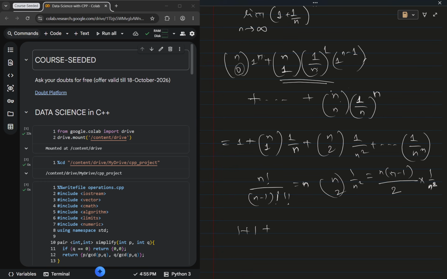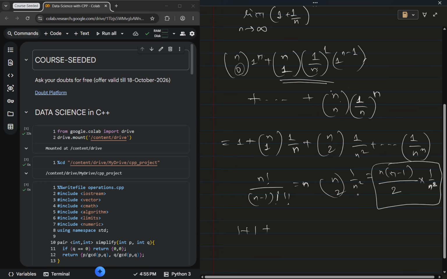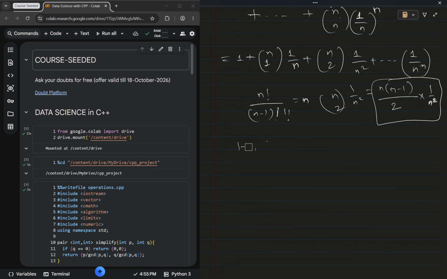If you see it carefully, you'll have (n squared minus n) by 2, which you can write as (n squared minus n) by 2 times 1/n squared. Or you can do this. Let's say you have got this. Suppose for a general term in an expansion, you take a number in between, let's say k. k can be anything from 1 to n.